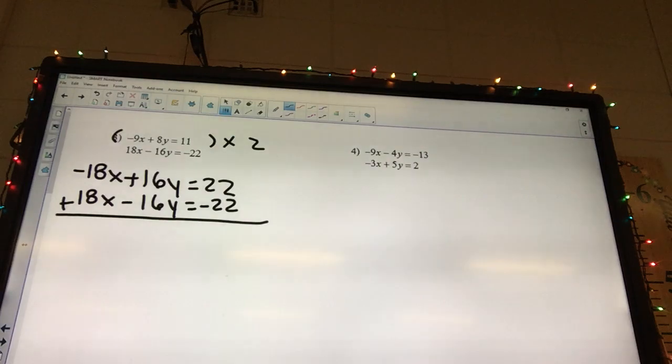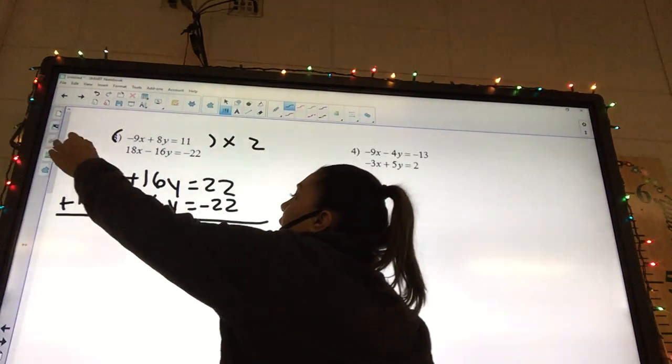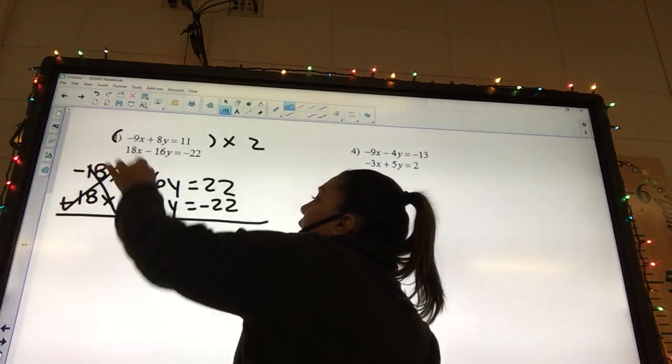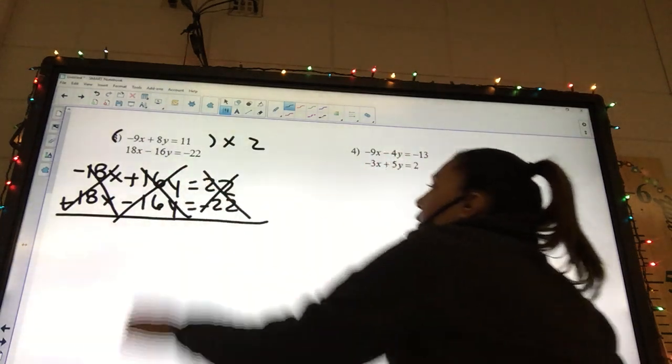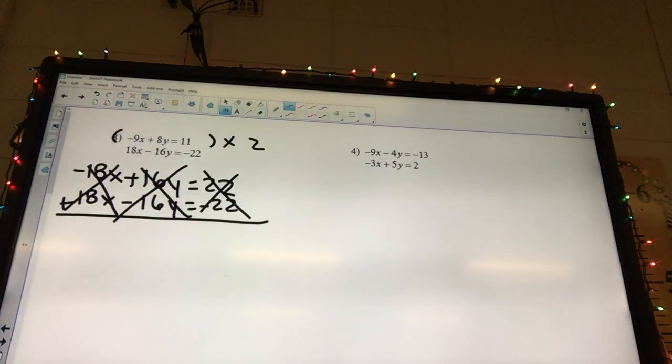Okay, I think it's one of the infinite ones. I put one on here to talk about, but I could be wrong. It is. 0. It is. So, okay, so what happens? These cancel, these cancel, and these cancel. Everything cancels. What that means when everything cancels is there are an infinite amount of solutions.